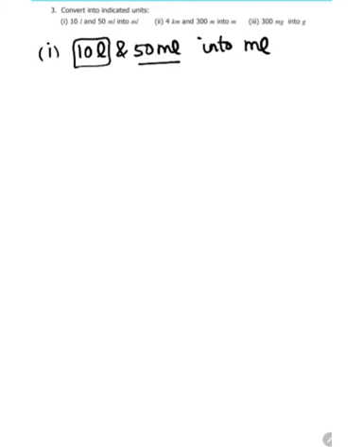Convert into indicated units. The first one is 10 liter and 50 milliliter into milliliter. We have to change this as milliliter. It is in milliliter, so no need to change this, but we have to change this 10 liter. So 1 liter is equal to 1000 milliliter. Then what is 10 liter?